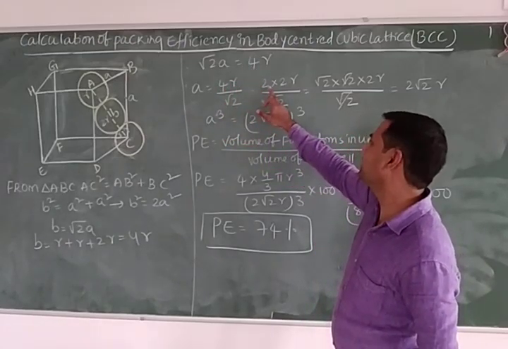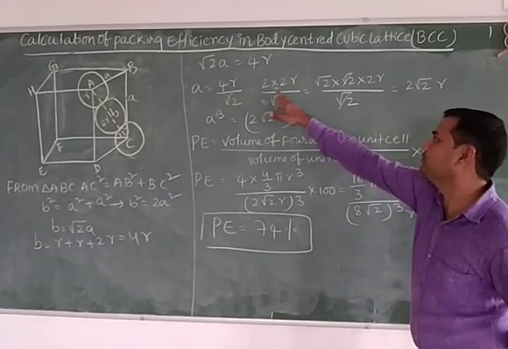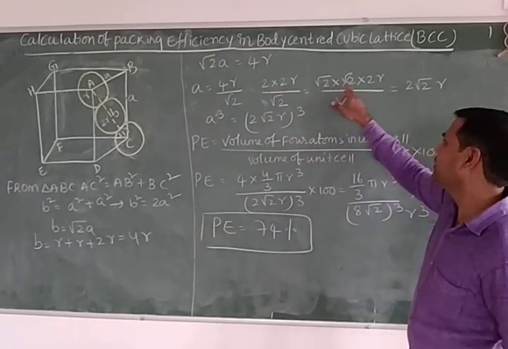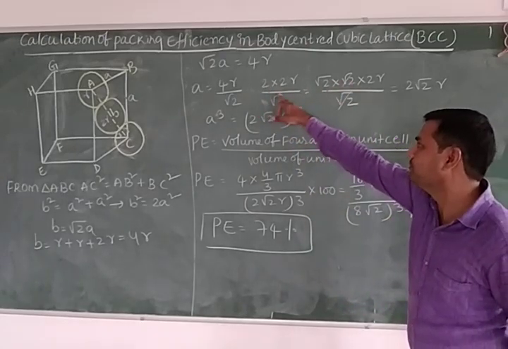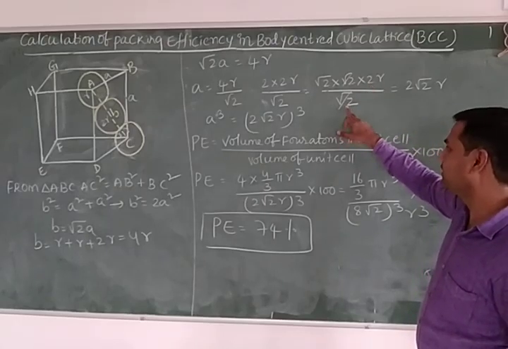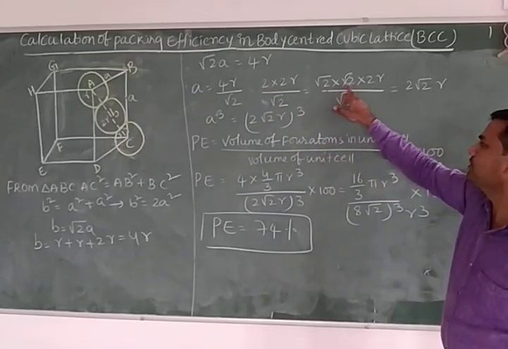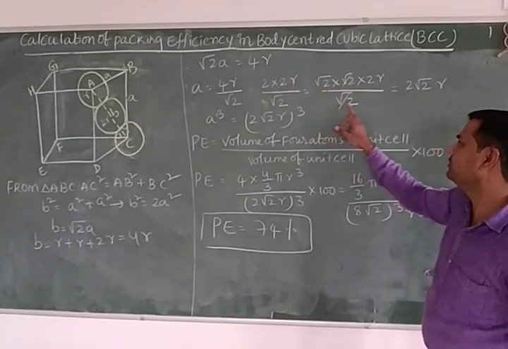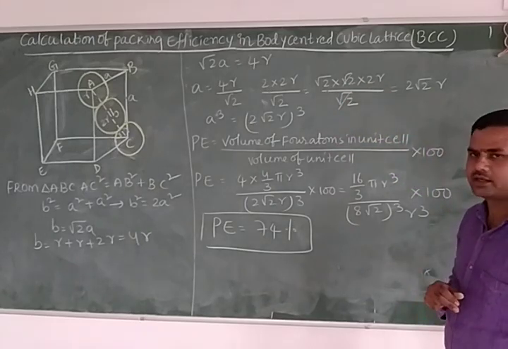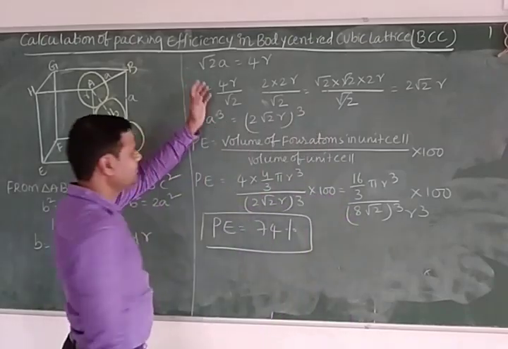And 4r can be written as 2 into 2r by root 2. Now 2 can be written as root 2 into root 2. Remaining is 2r divided by root 2. Here root 2 gets cancelled. What is the value? 2 root 2 r. Is it clear?